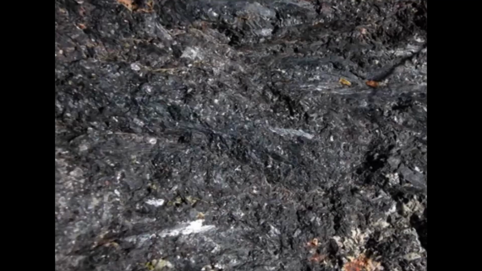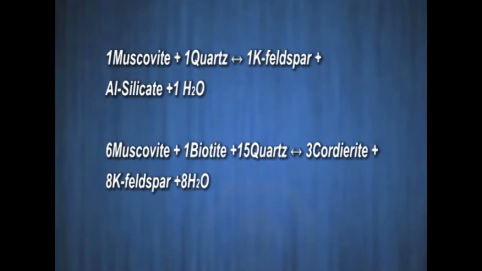It would be expected that the formation of orthopyroxene on the one hand and the decomposition of orthoamphiboles and hornblende on the other hand would take place at the same condition at which the reactions muscovite plus quartz give rise to potash-feldspar plus aluminosilicate plus water, and another reaction, muscovite plus biotite plus quartz give rise to cordierite plus potash-feldspar plus water, take place.